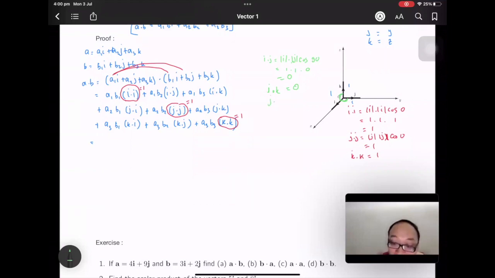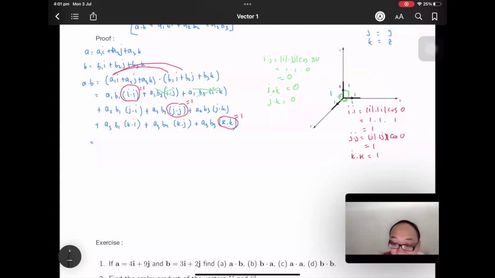How about j dot k? j and k are also perpendicular, so this equals 0. So i dot j, i dot k, and j dot k are all equal to 0.